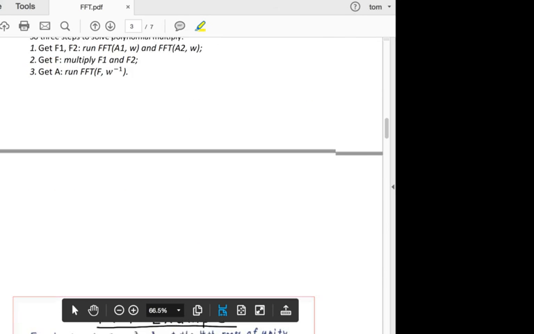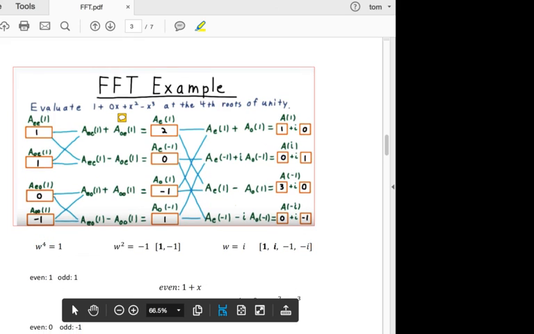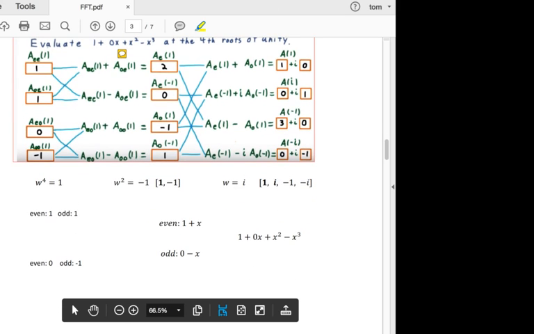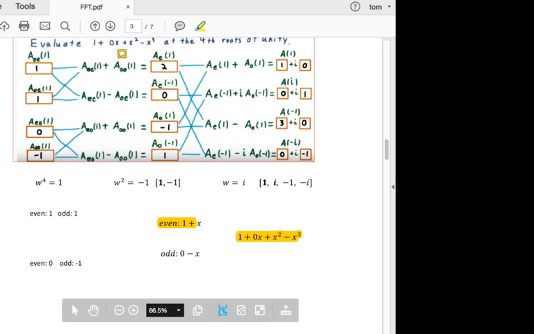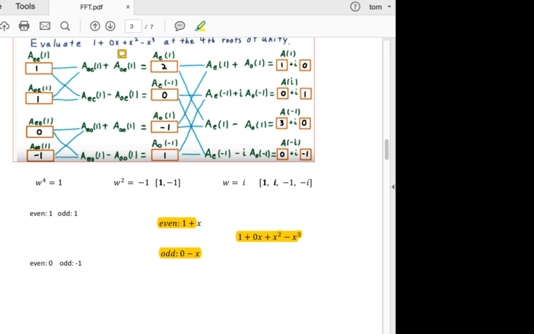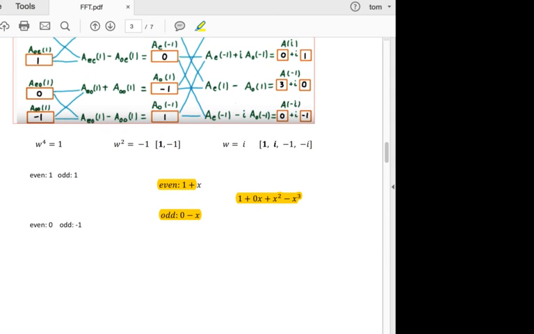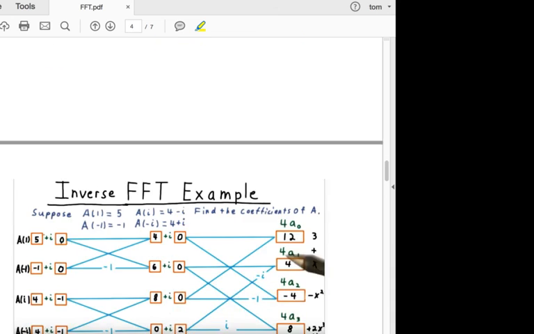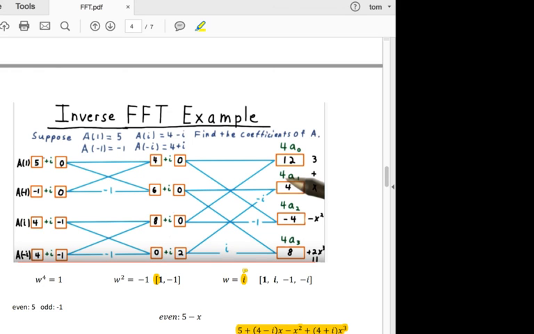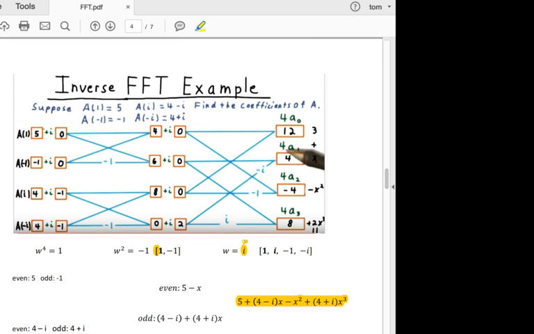For the examples, the key is to split the polynomial into the even part and odd part. Use the formulas even plus omega times odd, and even minus omega times odd, to do those things. And in the inverse FFT example, the procedure is almost the same.